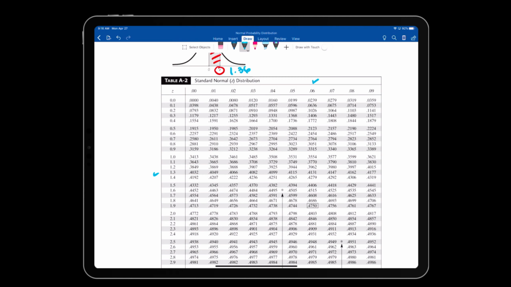1.36. So if I use the highlighter, 1.3 row, 0.06 column. Okay, and I'm going to undo those things. I want you guys to find 1.3 row, 0.06 column.